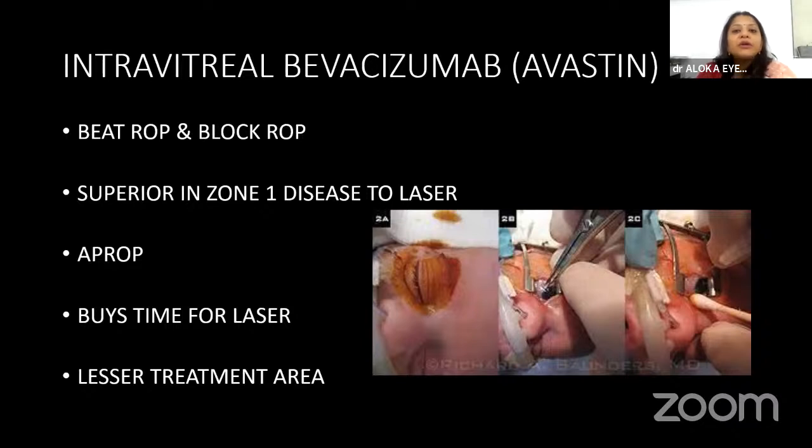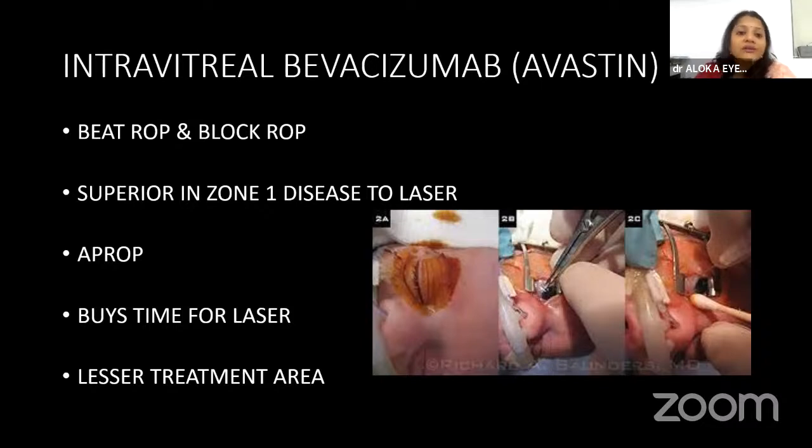So if we are able to tackle the VEGF at that point, we are actually preventing severe vasoproliferation and complications. So especially in aggressive posterior ROP, or if there is zone 1 ROP happening, those are the babies where Avastin really does the wonder.